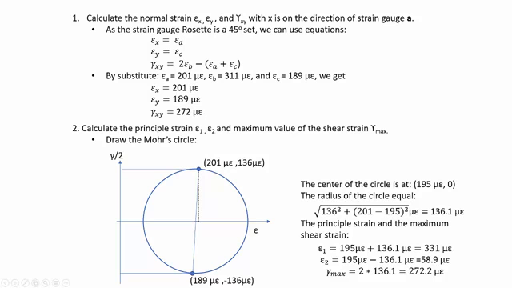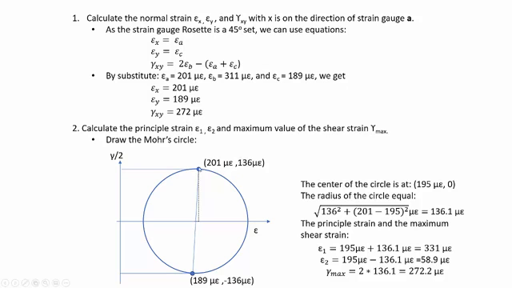Okay, so now let's move on to the second step. We want to calculate the principal strains epsilon 1 and epsilon 2 and the maximum value of the shear strain. To do that, we need to draw a Mohr circle. We need to draw 2 points given the values we calculated here. The first uses epsilon x on the x-axis, and half of the shear strain gamma xy on the y-axis. 272 divided by 2 gives us 136.